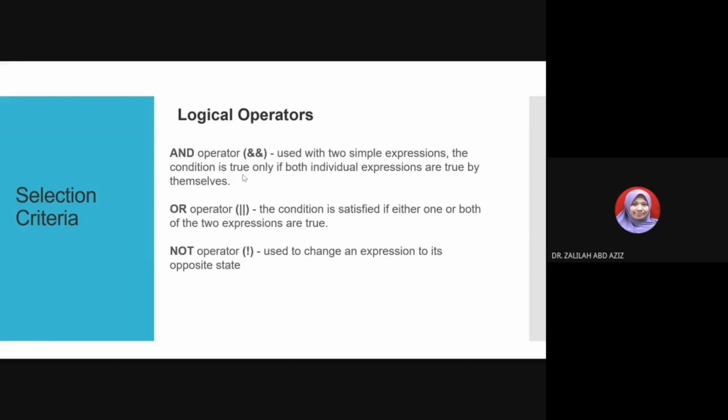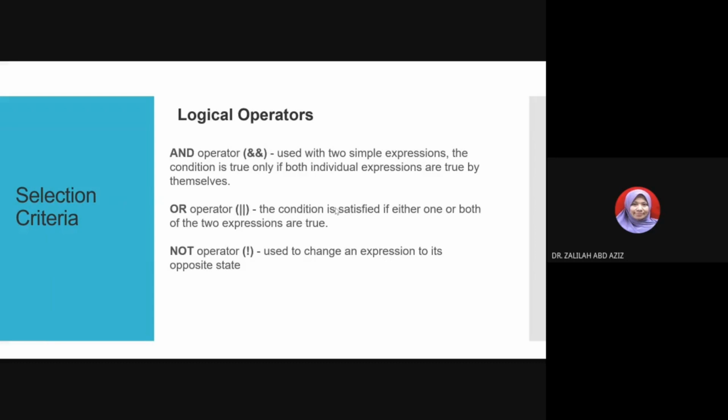The condition is considered true if both individual expressions that are being compared are true. We will look at the example afterwards. And then the second one is the OR operator, where we are going to use the straight line symbol, double.